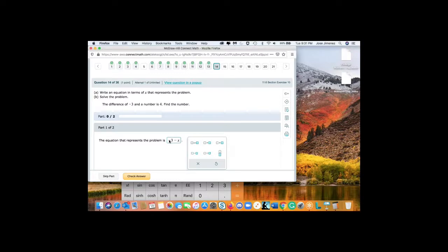The translating for "is" means equal. 4. That's it, right? So this means the difference between minus 3 and a number is 4. That's the way we say it in English. But the way we write it in symbolic form as a mathematical expression, we say minus 3 minus x equal 4.